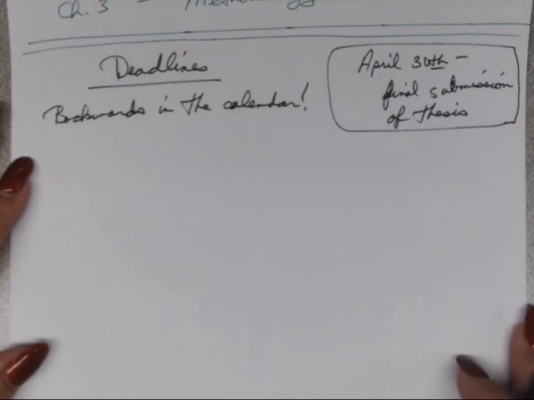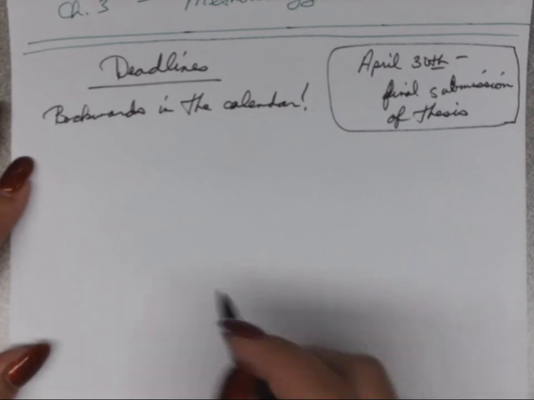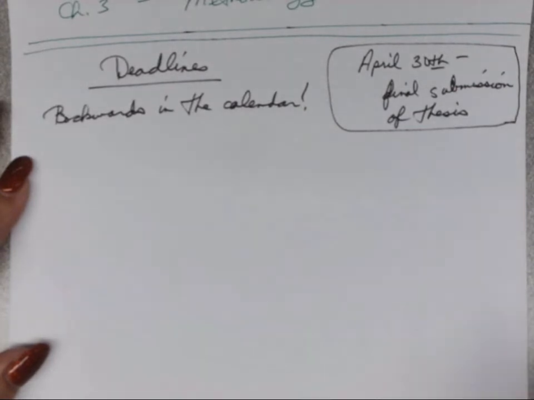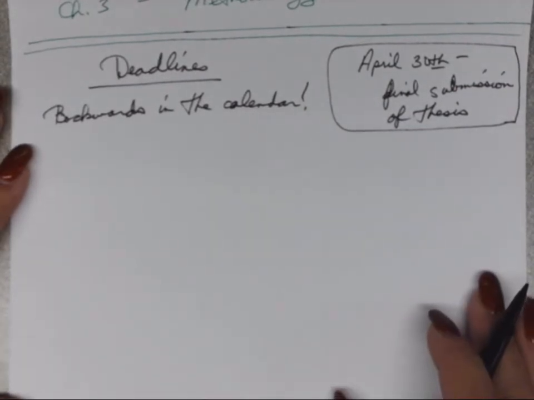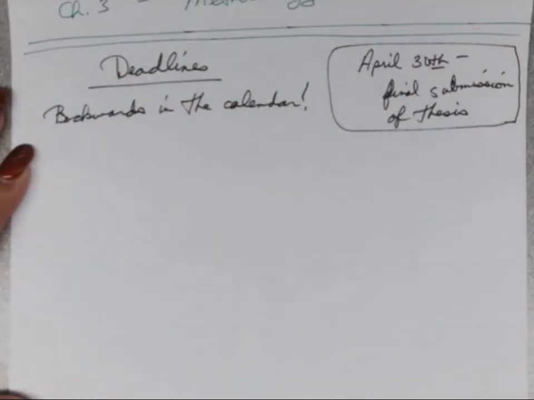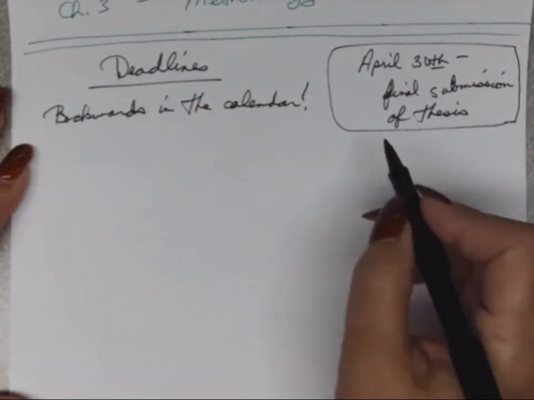So what we did was I worked backwards with them, and I said, look, let's look at this. I'm not making up arbitrary deadlines for you. I really know you have to do X, Y, and Z, and we have to have certain amounts of time for that, so let's look at it.